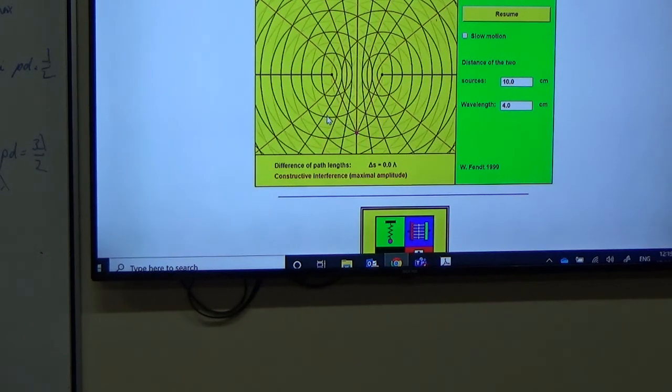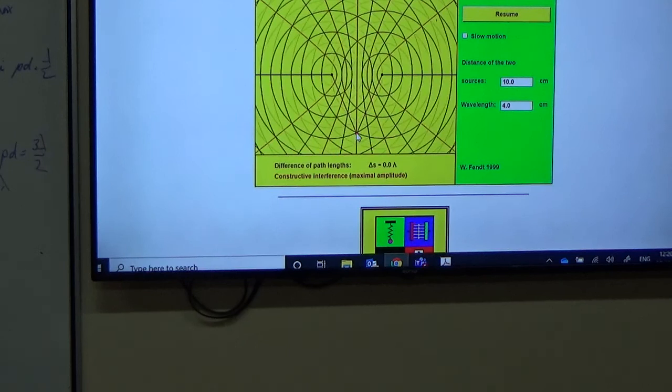So the distance between two black lines is a wavelength, or the distance between two light lines is also a wavelength. From here, I've got one wavelength, two wavelengths, three wavelengths. From here, I've got 1, 2, 3. Note that the two sources are in phase. They're both generating crests at the same time, and of course troughs at the same time.